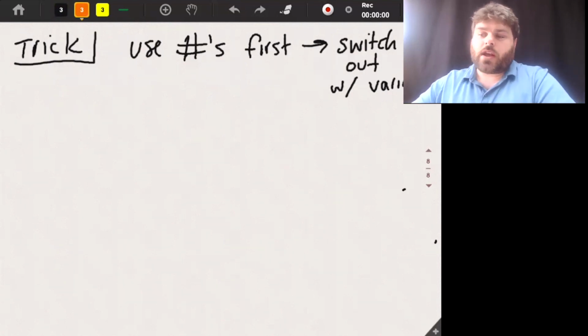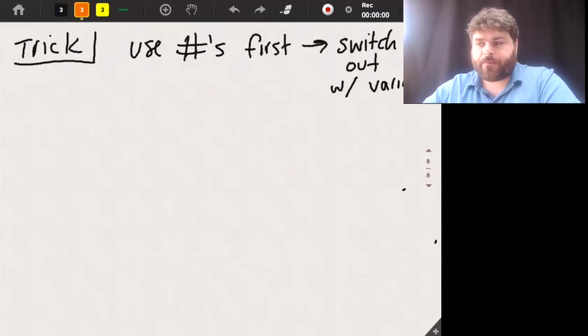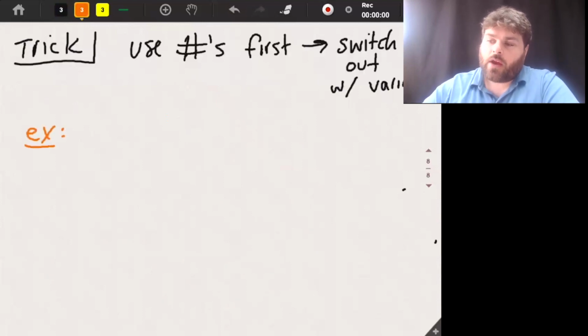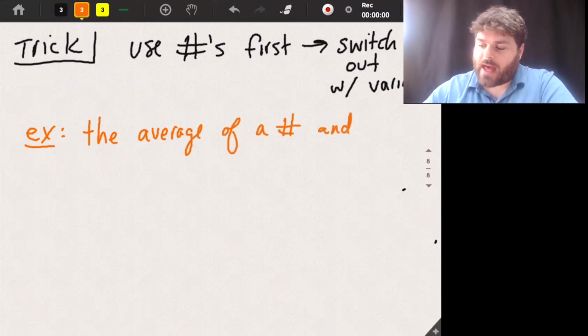Okay, so let's look at an example. The average of a number and twice that number is an expression we want to find. We want to write an expression for the average of a number and twice that number.